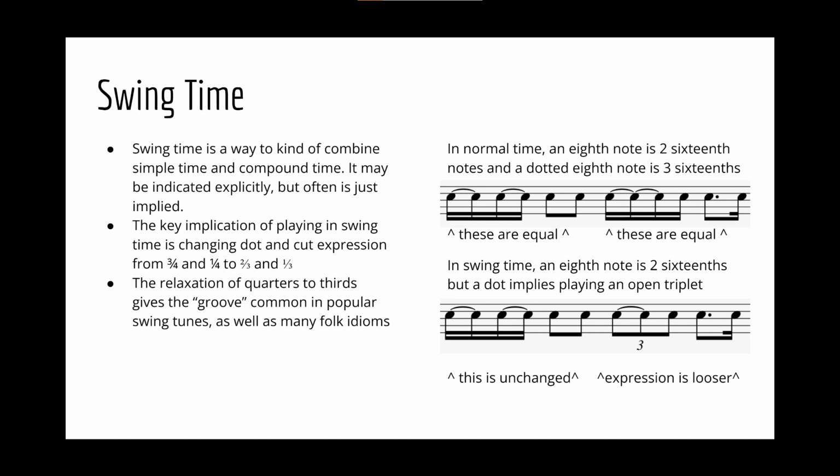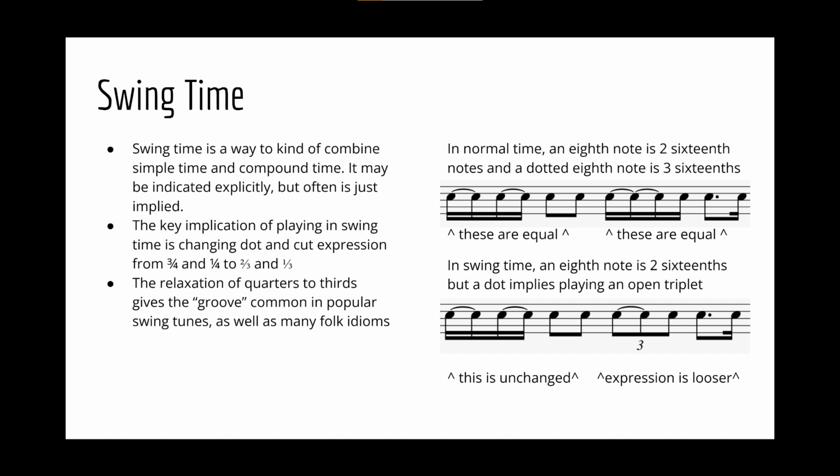If you look at the examples on the right-hand side of the screen here, in normal time, an eighth note is 2 16th notes, and a dotted eighth note would be 3 16th notes, right? So the first section would be 1 and 1 and then the dotted would be 1 E and 1 E and 1, right?